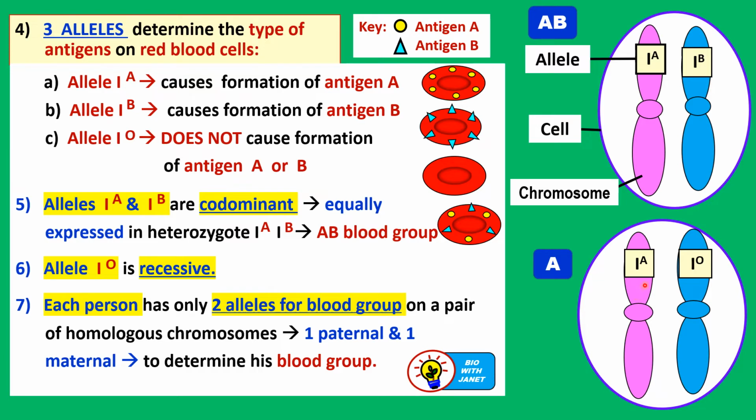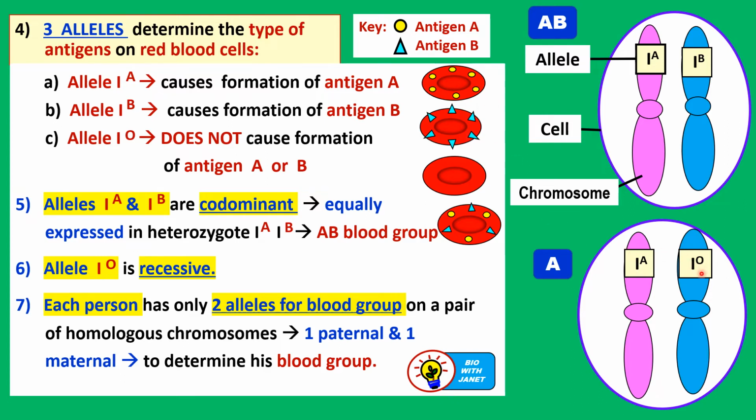So if a person has this genotype, we call this the IAIO genotype, or genetic composition. So a person with the genotype IAIO will have the blood group A, because the IA allele is dominant compared to the IO allele, which is recessive. Thus, IA will express its trait. It will cause the formation of antigen A on the red blood cells, like for this example here, the first one, right?